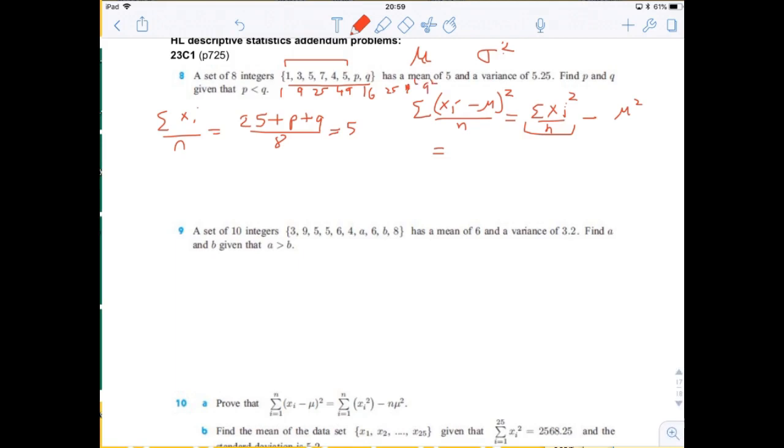Okay, so let's add those up. 1 plus 9 is 10, 10 plus 25 is 35, 35 plus 25 is 60, 60 plus 49 is 109, 109 plus 16 is 125. So we got 125 plus P squared plus Q squared divided by the total number of numbers, which is 8. And we can subtract the mean value, which we know is 5, squared.